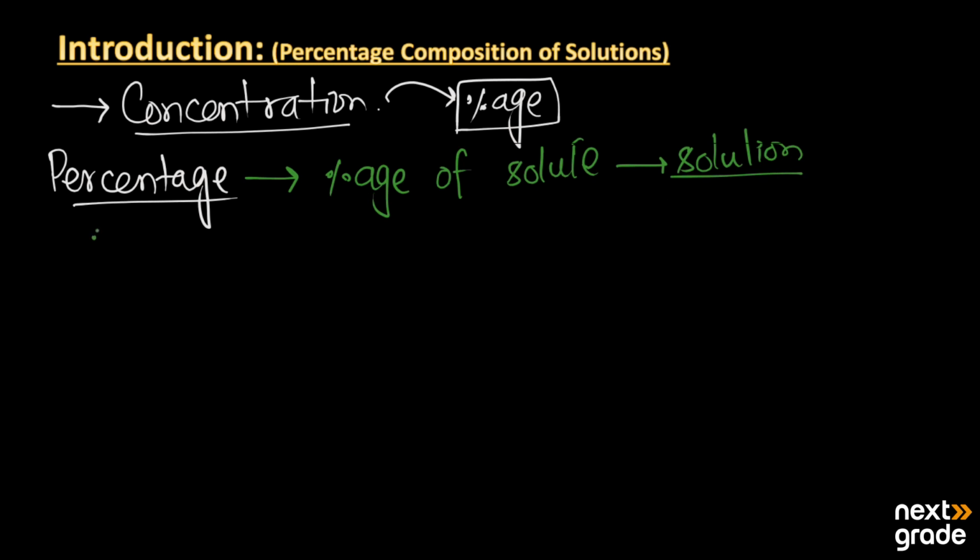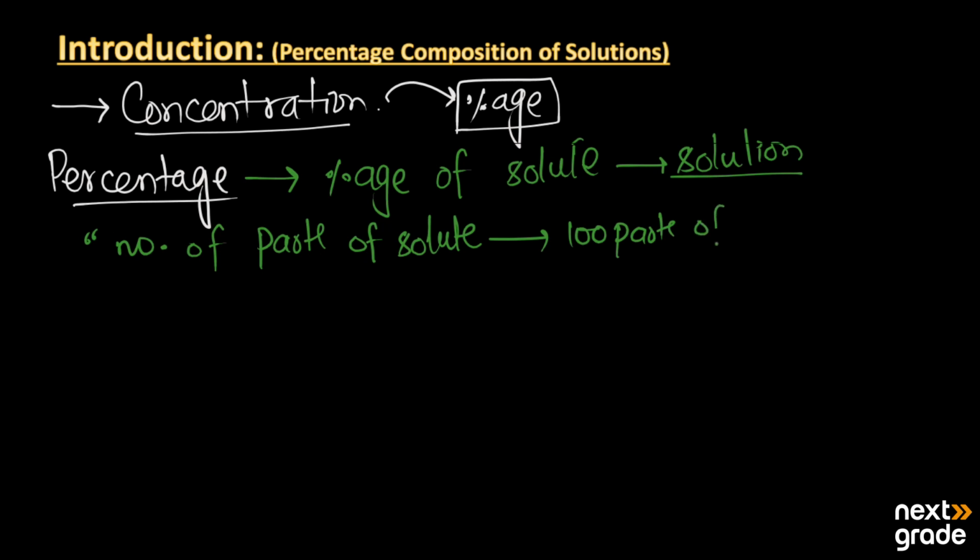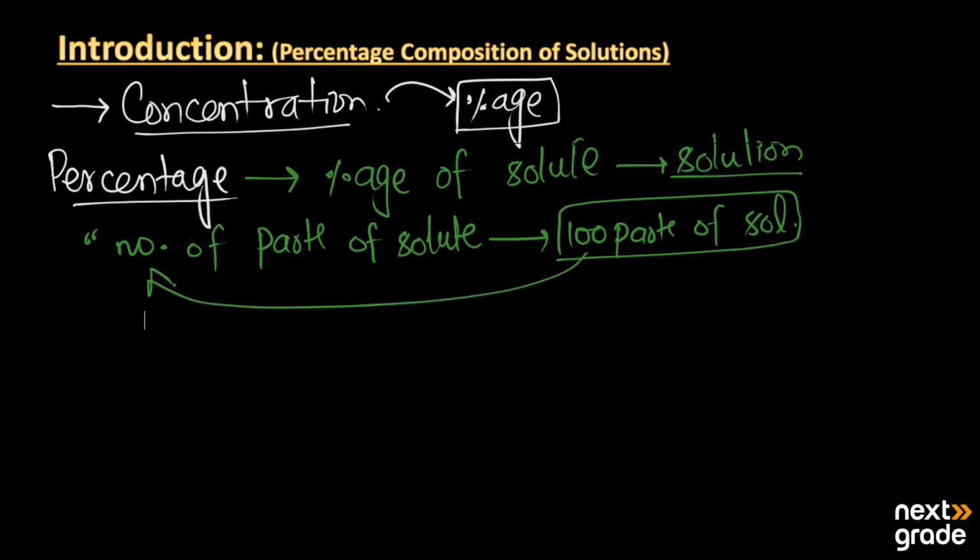In simple words, it is the number of parts of solute that are present in 100 parts of solution. If we divide the solution into 100 parts, how many parts of the solute are present in it, this is called the percentage composition.